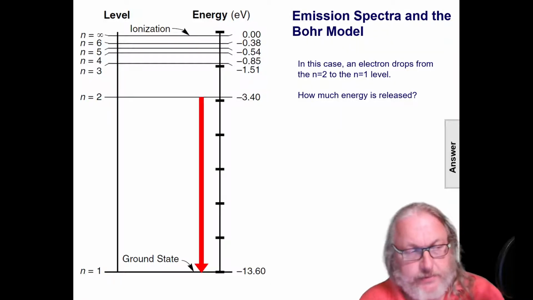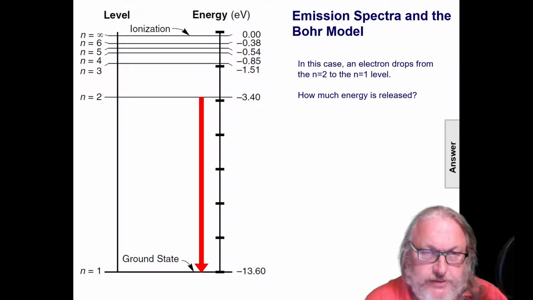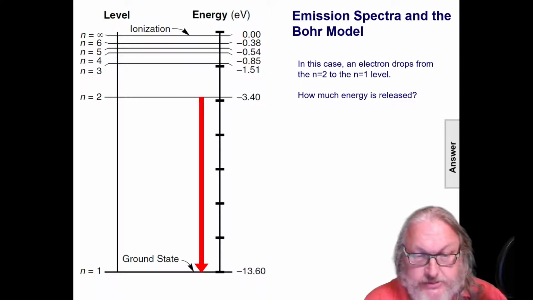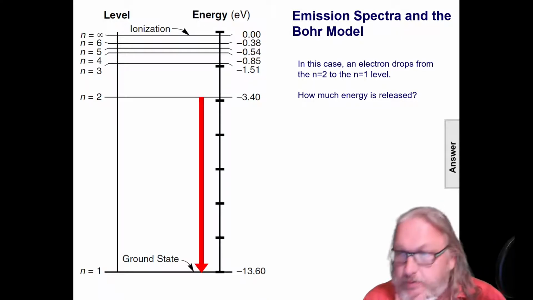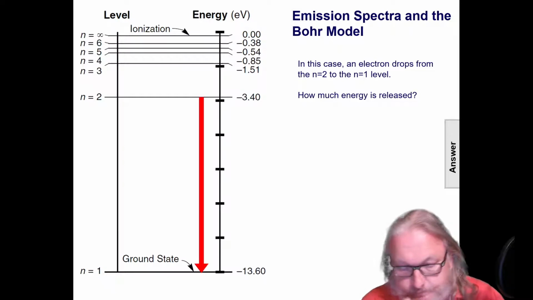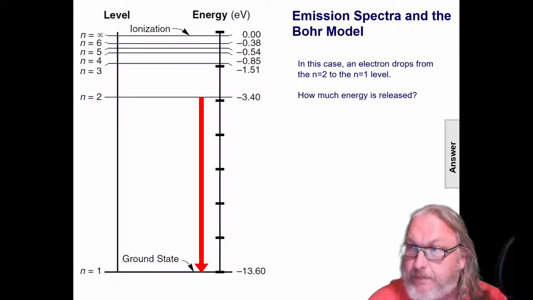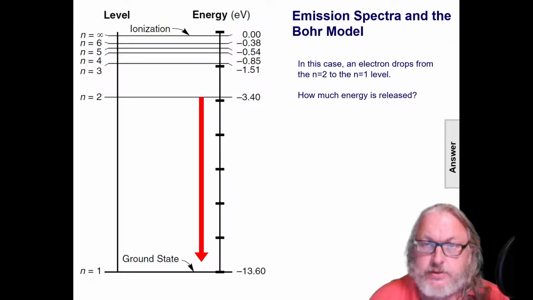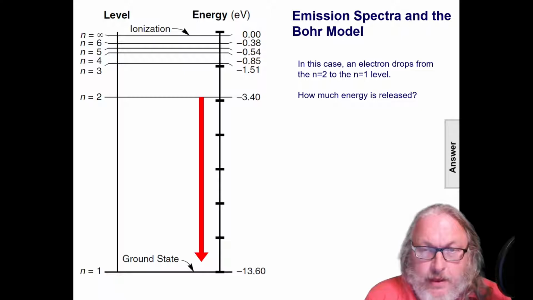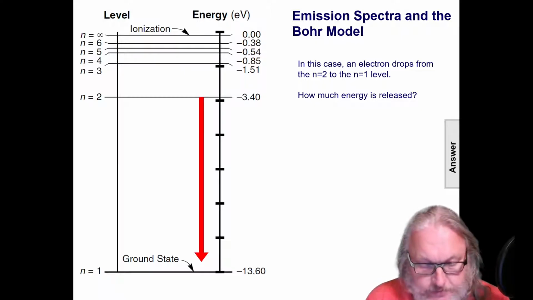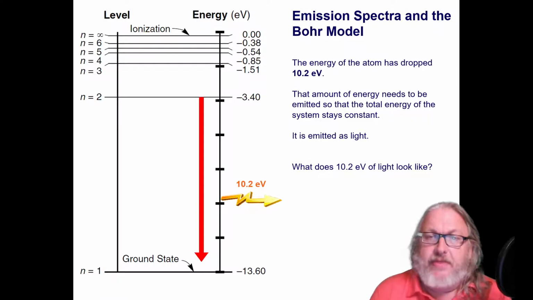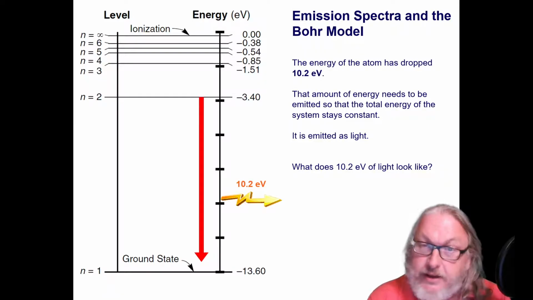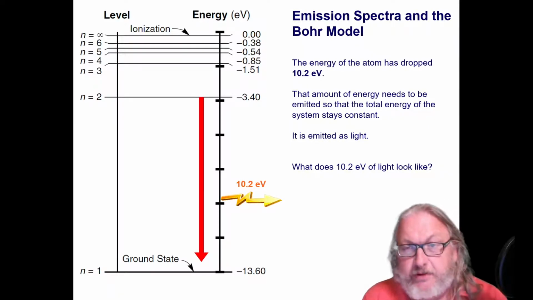There we go, so we've got the screen up. If I go from n2 at minus 3.4 electron volts down to n1, the ground state, I get 10.2 electron volts released as energy. So that energy has dropped in the atom, 10.2 electron volts.